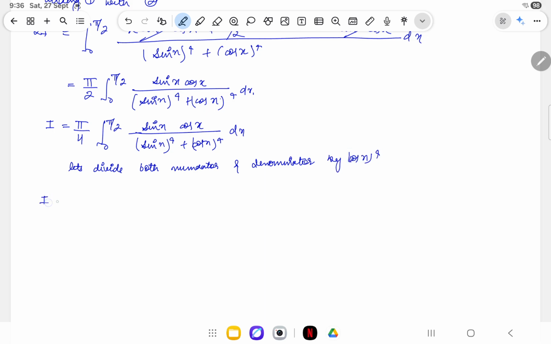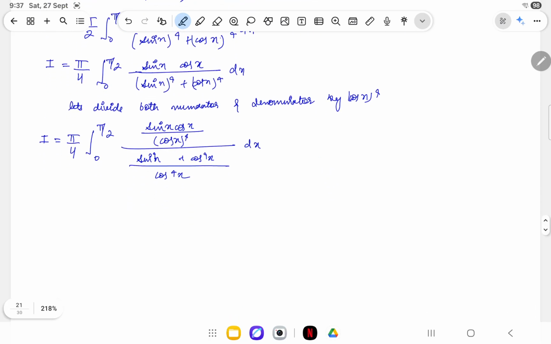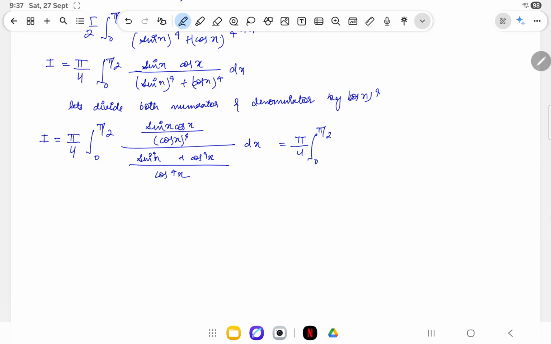So my I will basically reduce to pi by 4 integration from 0 to pi by 2 sin x cos x by cos x raised 4 divided by sin x raised 4 plus cos x raised 4 divided by cos x raised 4 dx. If I simplify it, it will be equal to pi by 4 integration from 0 to pi by 2, and in the numerator we are left with tan x into sec square x, and in the denominator it will be tan x raised 4 plus 1 dx.